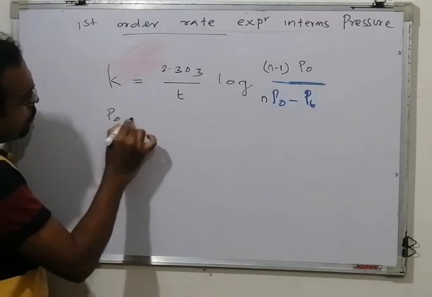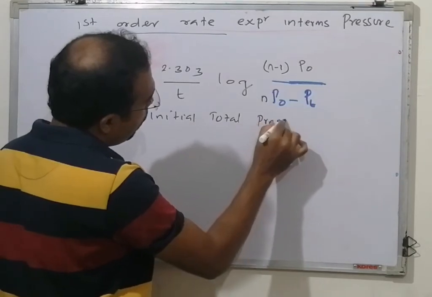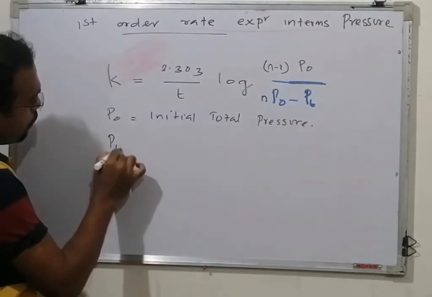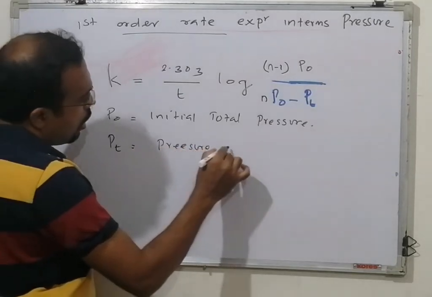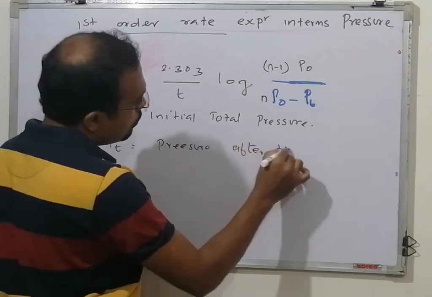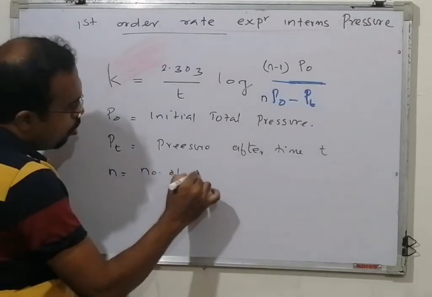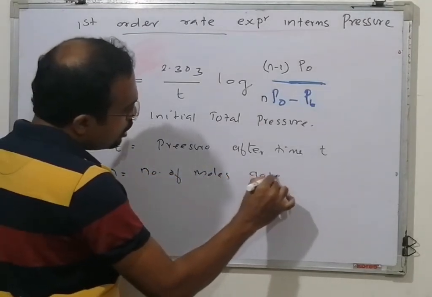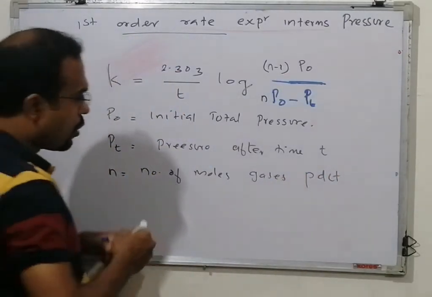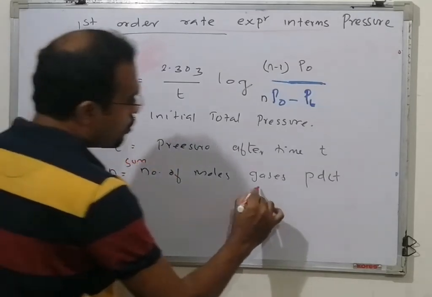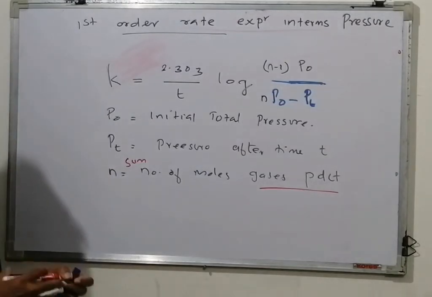What is P0? Initial total pressure. What is Pt? Pressure after time t. What is n? Number of moles of gaseous product. Underline, sum of number of moles of gaseous product.